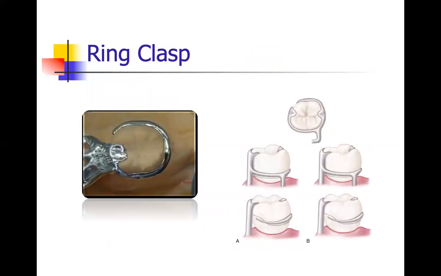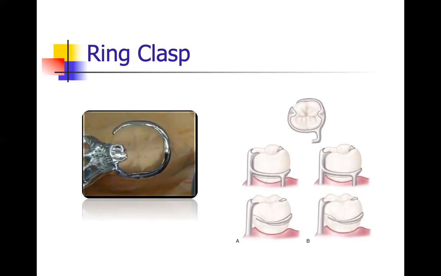Ring clasp encircles nearly all of a tooth from its point of origin. It is used when a proximal undercut, this one, cannot be approached by other means.